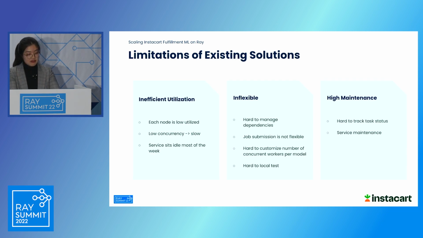Therefore, we had to be very generous in provisioning compute resources and at the same time very conservative in configuring the number of concurrent Celery workers per host. This ends up with each host provisioned with many CPU resources, however, running at very low utilization.